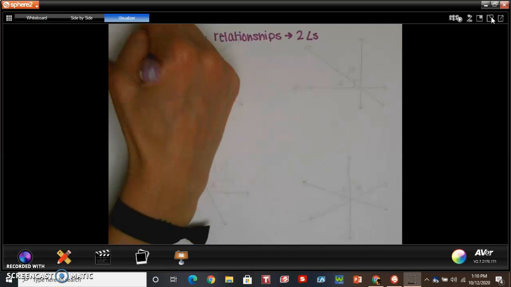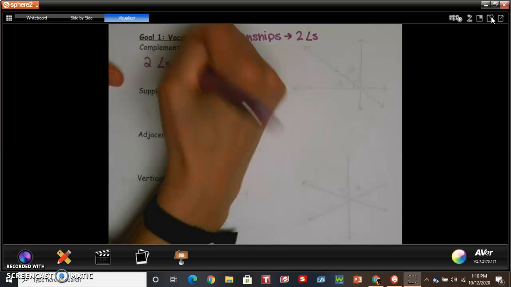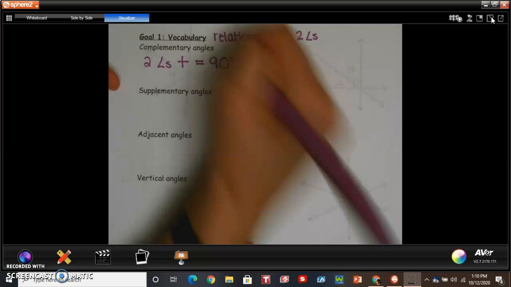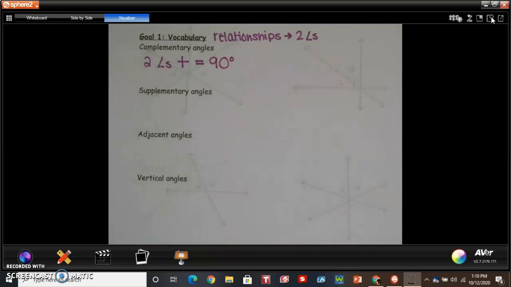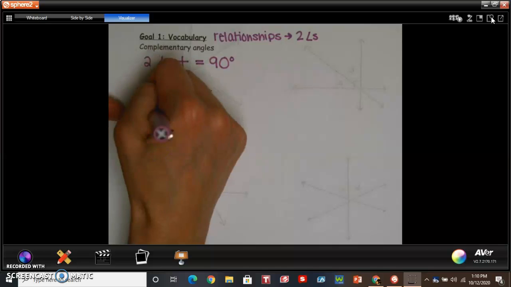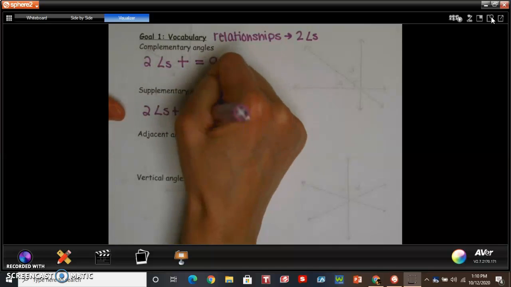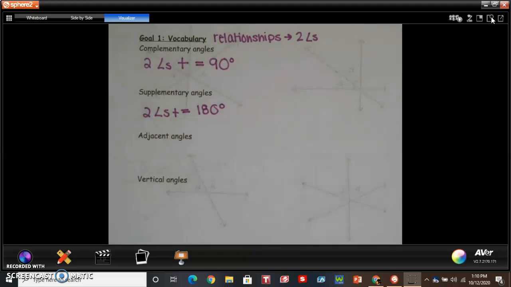This is whenever 2 angles add to equal 90 degrees. When 2 angles add to equal 90, they're considered complementary. Supplementary is whenever 2 angles add to equal 180 degrees. So complementary is when they equal 90, supplementary is when they equal 180.